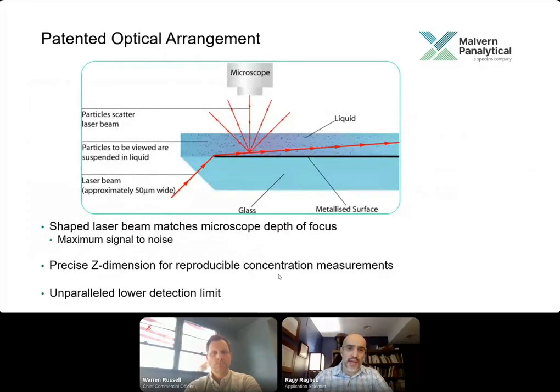The premise, again, is that we have this laser module. Here's a diagram where we show you that the laser beam will go through this prism, and then the prism will scatter light into the suspension of particles. Those particles then scatter photons, and we're looking at those photons moving around in Brownian motion with a high sensitivity camera and a 20x objective lens.